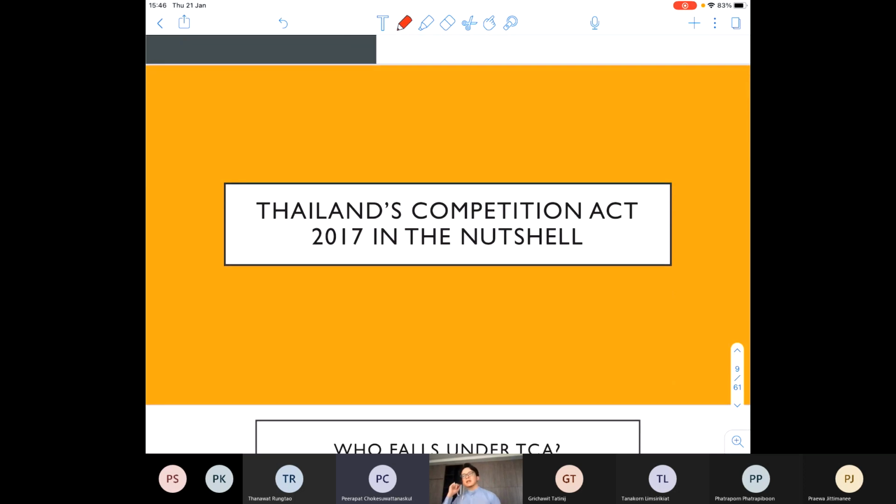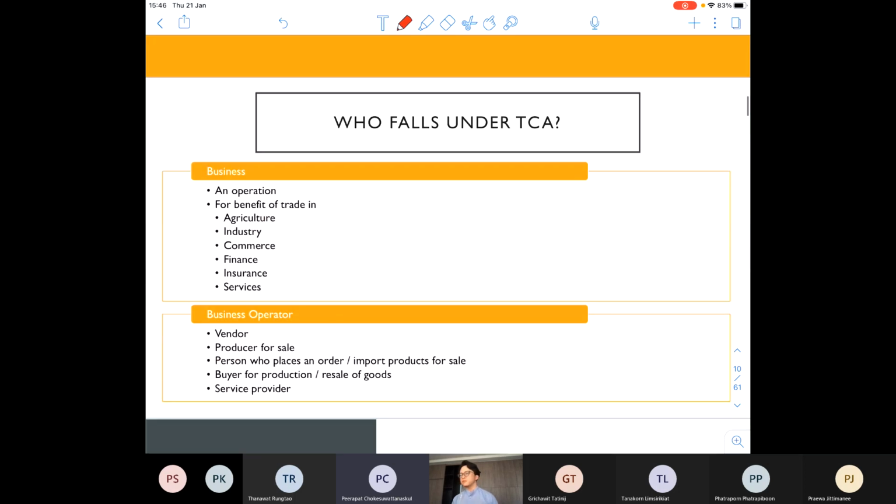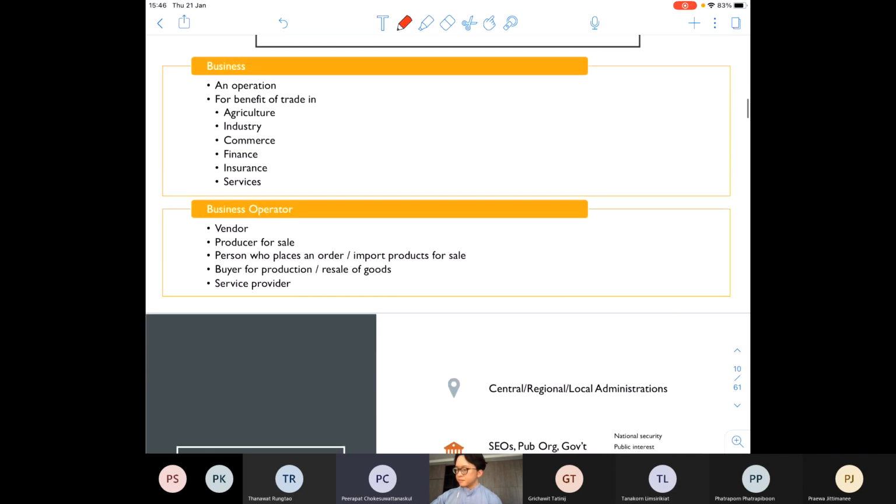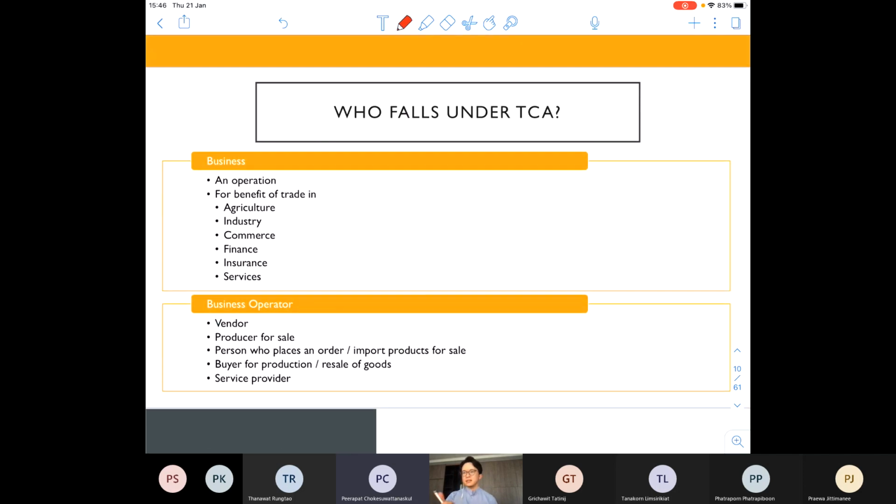Thailand's Competition Act 2017. The first thing is who falls under this act. Well, one idea is this. This act, the entity, this is so important. Okay, in practice, this idea has been widespreading quite quickly in the modern corporate world.